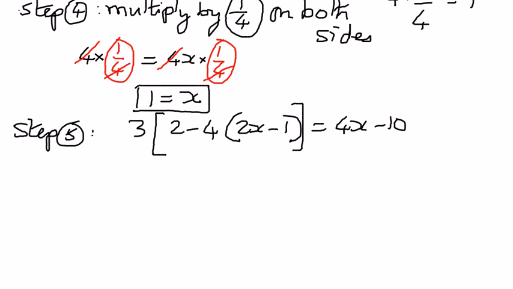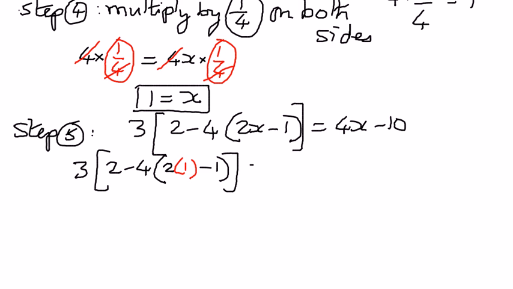So let us see if we can get that. 3 times 2 minus 4 times 2 times 1 minus 1 is equal to 4 times 1 minus 10. So let's simplify this.